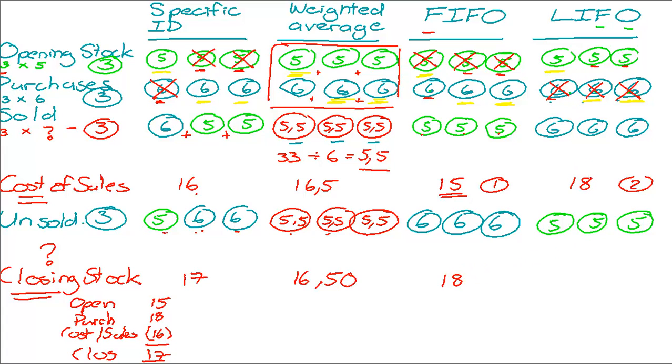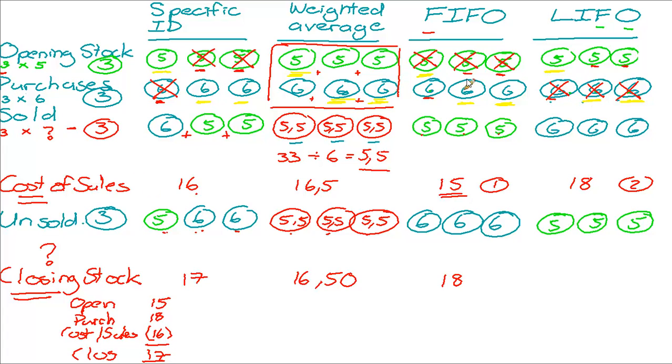And finally my Lifo method, the closing stock is again not valued at the actual cost of the pies left. Remember the yellow lines here represent the actual pies left, but we don't value them at 5, 6 and 6. We value them at the 5, the 5 and the 5, because under Lifo method we say the last stock that came in, which is my purchases here, will be the first ones that get sold.